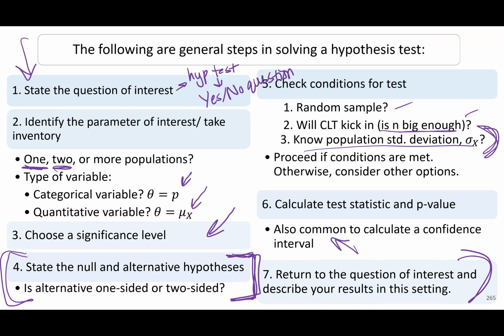If you're asking the yes or no question, like, does it take longer on average than the advertised 94 minutes for all the trains to go between Rome and Florence? If you respond, yes, it does appear that way, the automatic follow-up will be, okay, well, how much more? What do you estimate the average is? So a lot of times we will do a hypothesis test as well as a confidence interval.